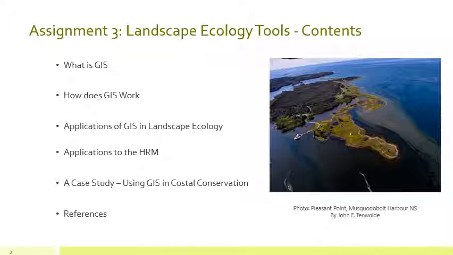We're going to look at a case study that isn't in the HRM, but it's in a coastal ecosystem similar to Halifax, and a lot of the methods and tools that they use in that study will carry over to future research that would benefit the HRM.